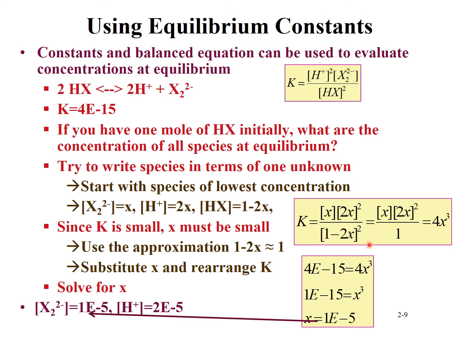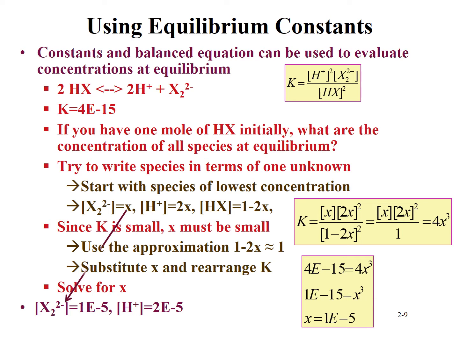We're going to say the concentration of the reactant is fundamentally 1. This becomes K is equal to 4x cubed. If K is 4 times 10 to the minus 15, 1 times 10 to the minus 15 is equal to x cubed. X is equal to 1 times 10 to the minus 5. So this dimer is equal to 1 times 10 to the minus 5.